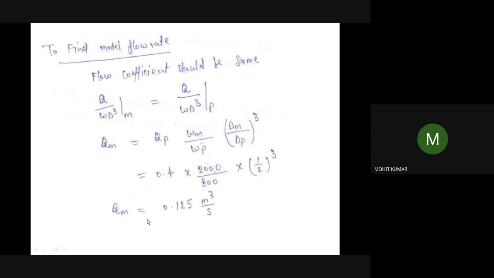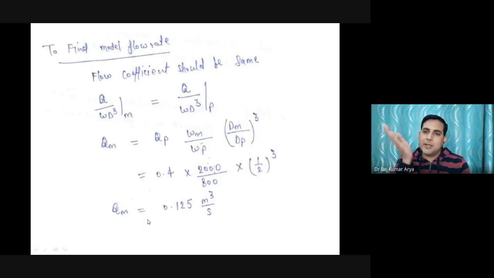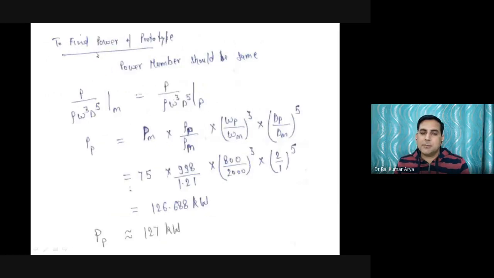Now the next number you have is the power number. Equate that. The next quantity is to find the power of the prototype, so you just equate your power number. You have the power number for the model and for the prototype. Substitute all values. The power of the model is known to you, 75 watt.